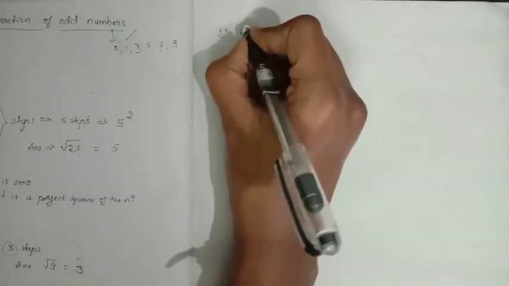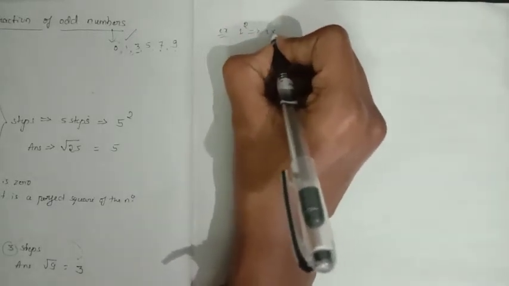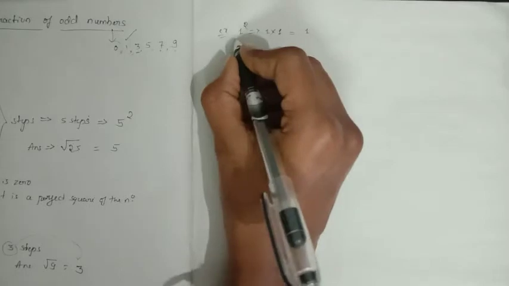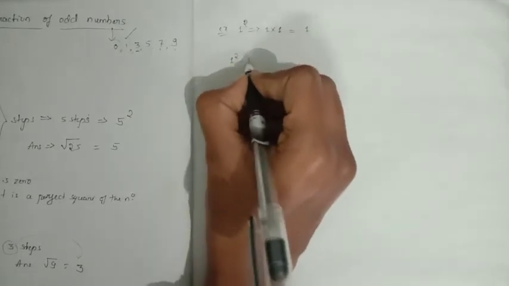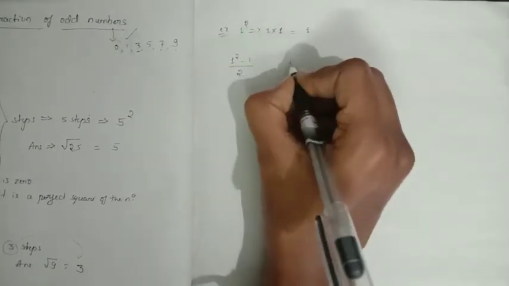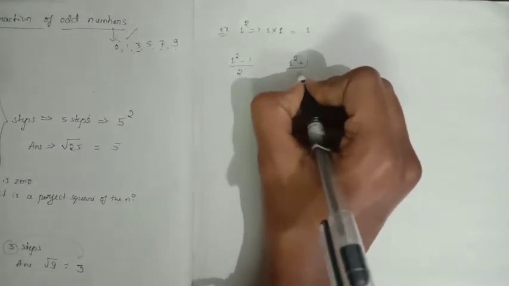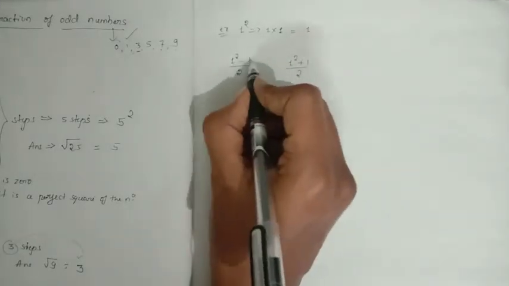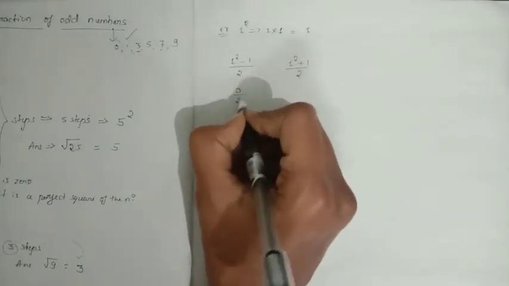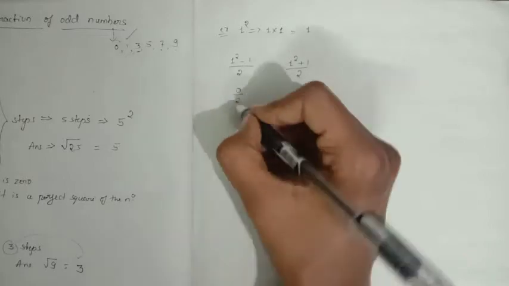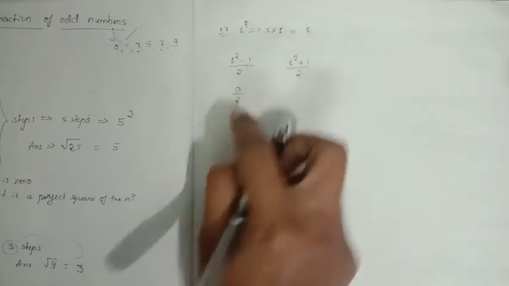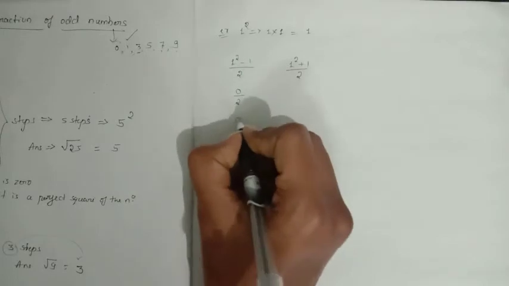So 1 square is nothing but 1 into 1, that is 1. We can represent (1 square minus 1) divided by 2, and (1 square plus 1) divided by 2. So 1 square minus 1 is 0, and 0 by 2 is nothing but 0.